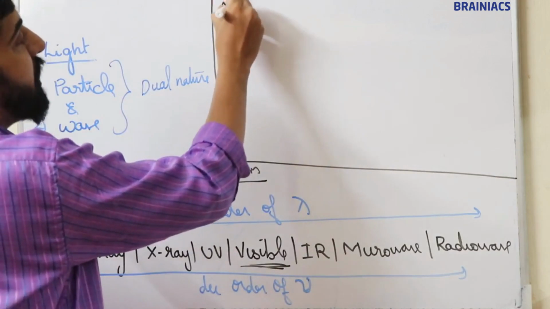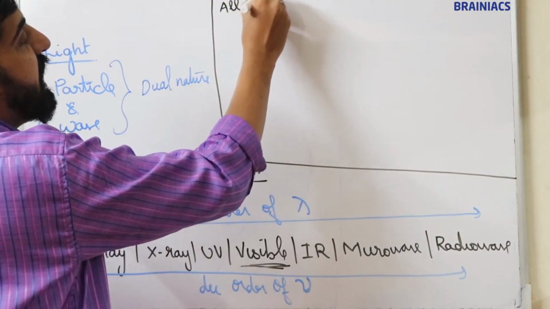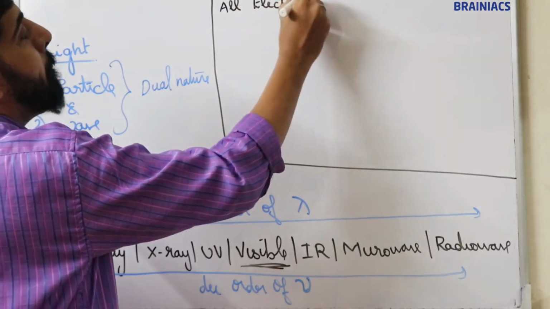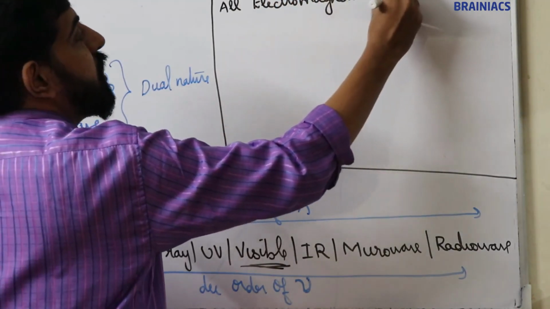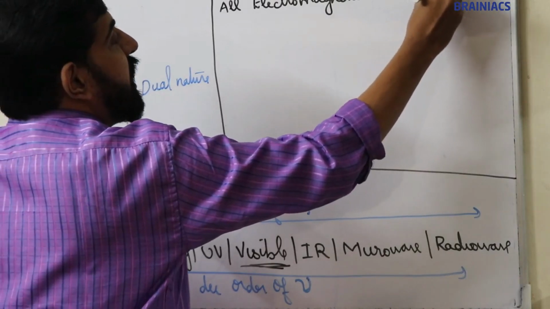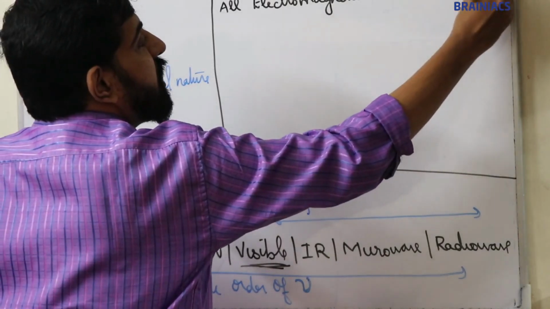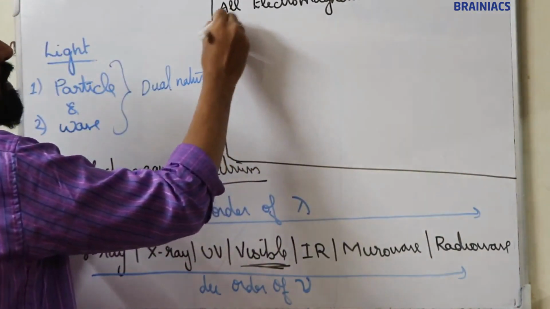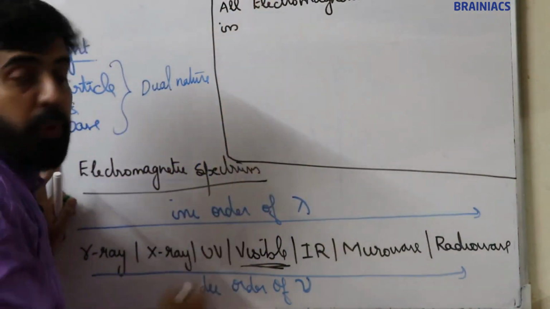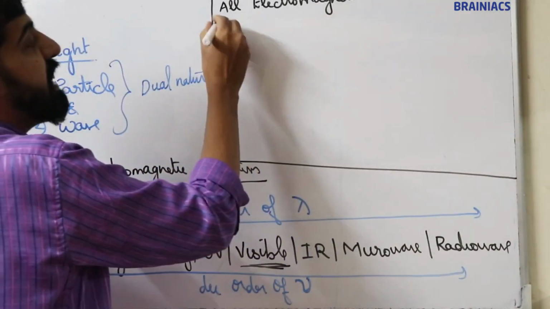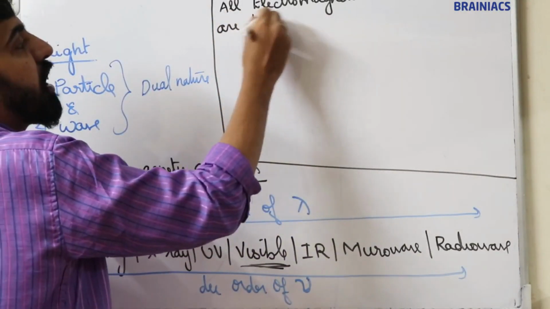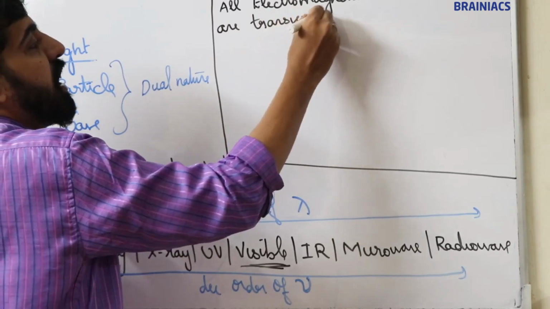All electromagnetic radiations travel in transverse waveform. All electromagnetic radiations are transverse waves.